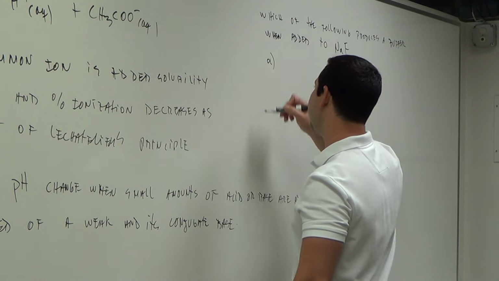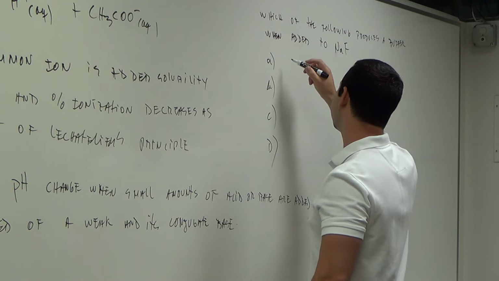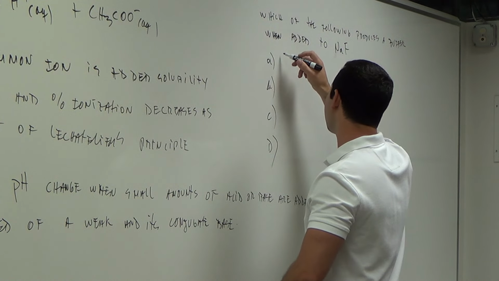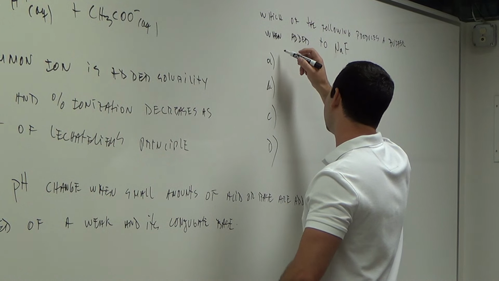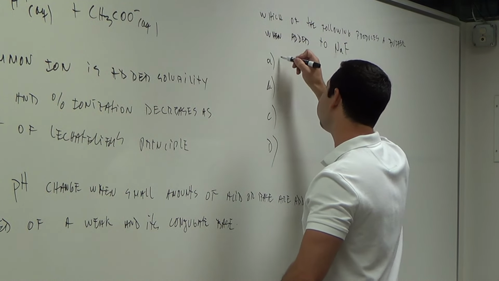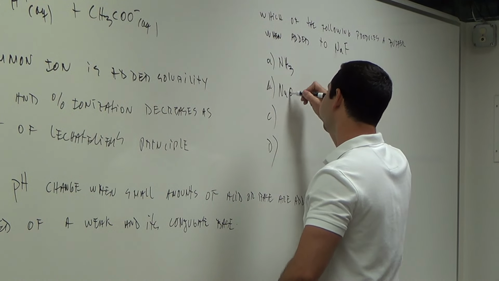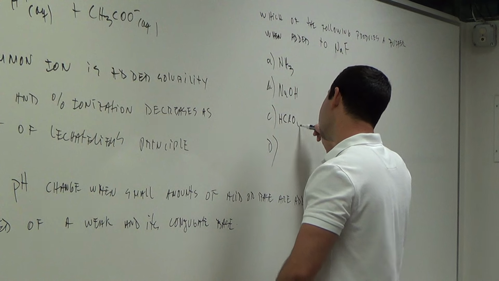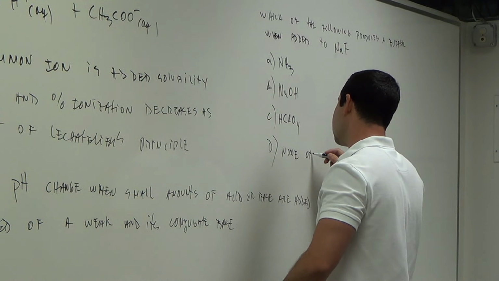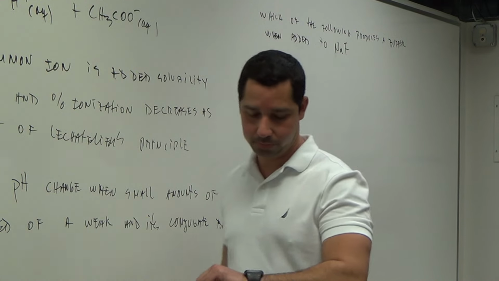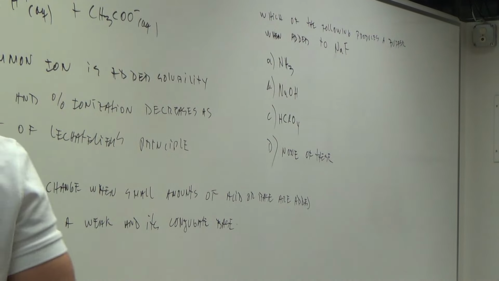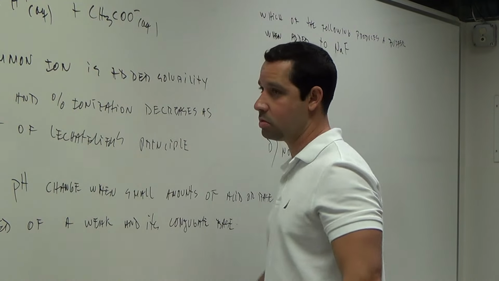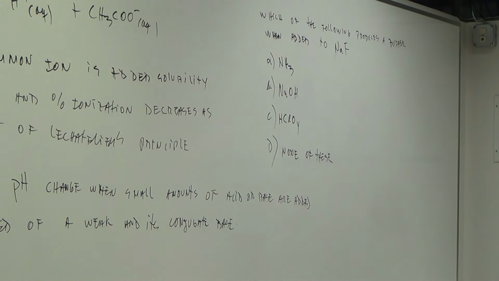Which of the following would produce a buffer? Check if you're going to miss this on the test. Which one? None of the above?